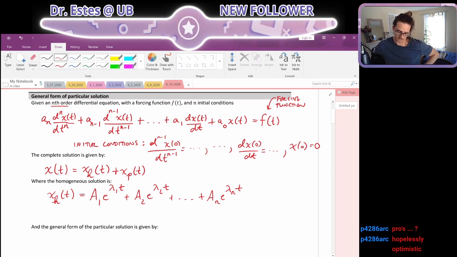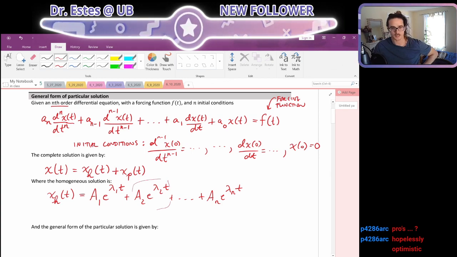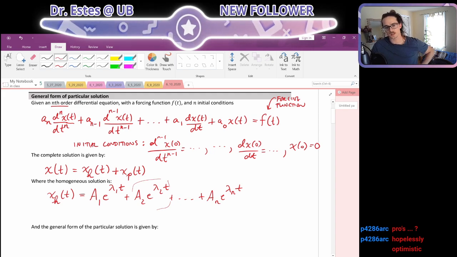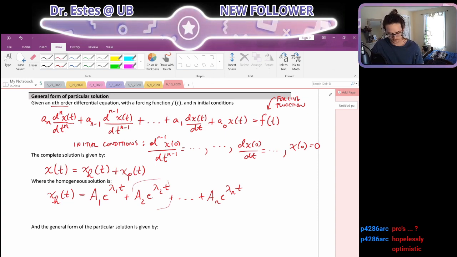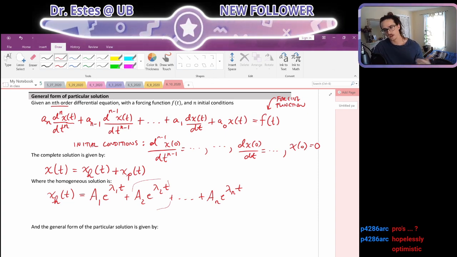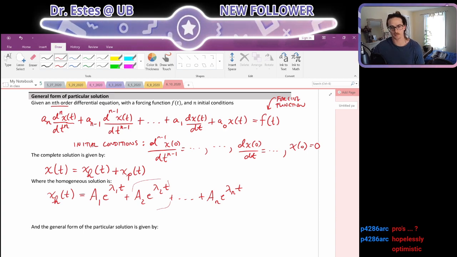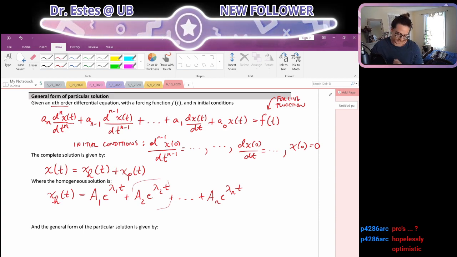So if you have a complex exponential, like say lambda 2 is a complex root, we know that we can write those as sine and cosine terms. But all of those originally come from an exponential.